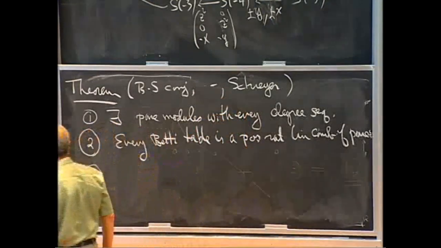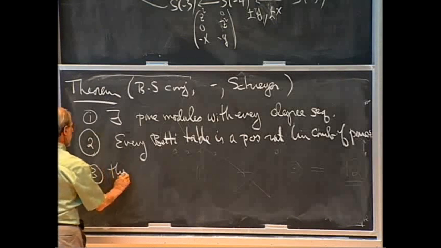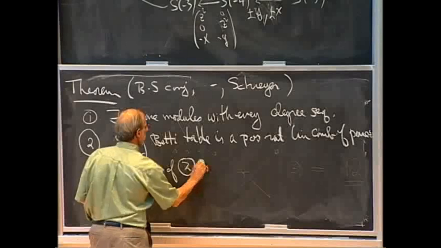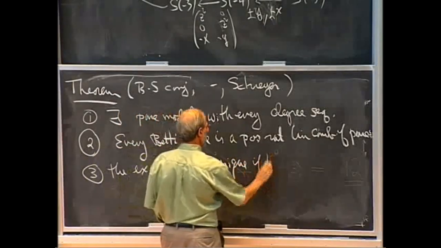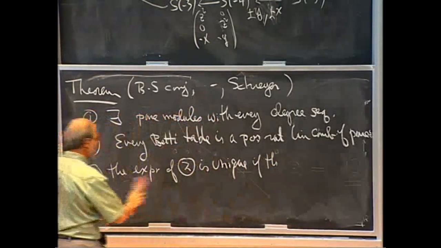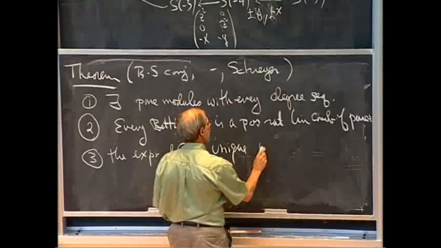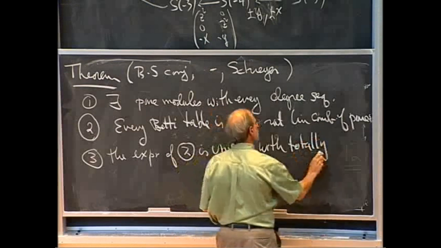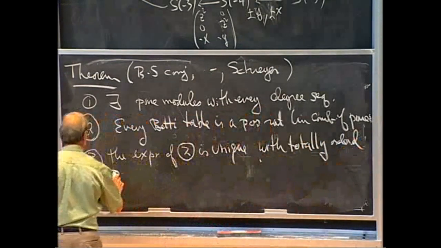I'll unpack that statement for you in a moment. The expression of 2 is unique if, well, there is a unique expression of this form with totally ordered pure tables, pure sequences.